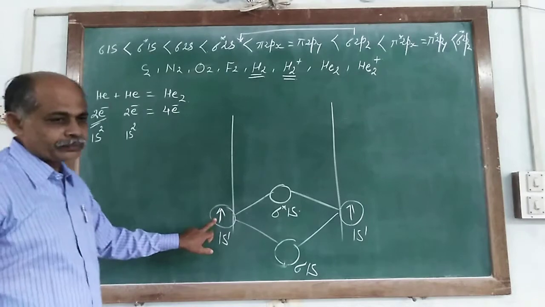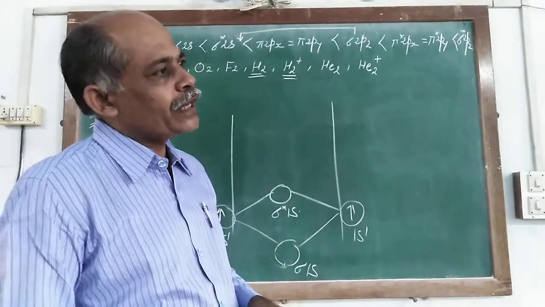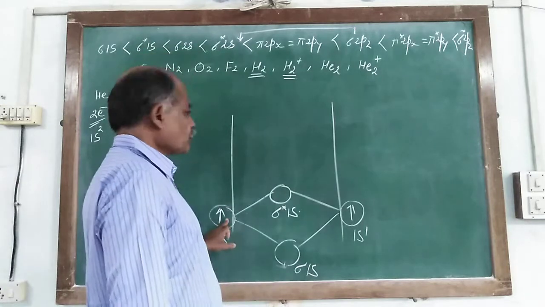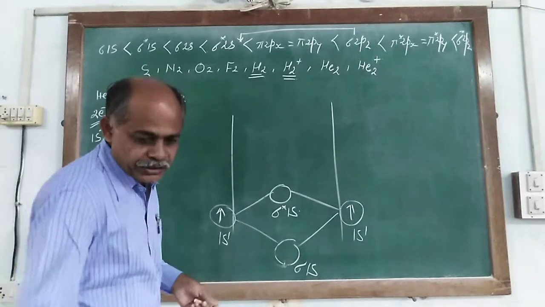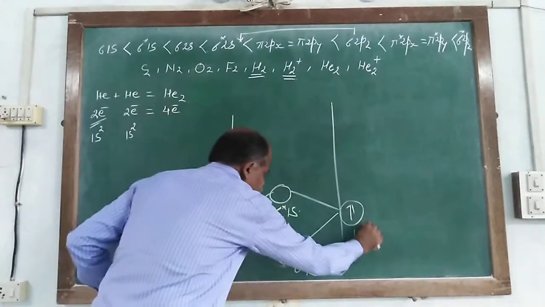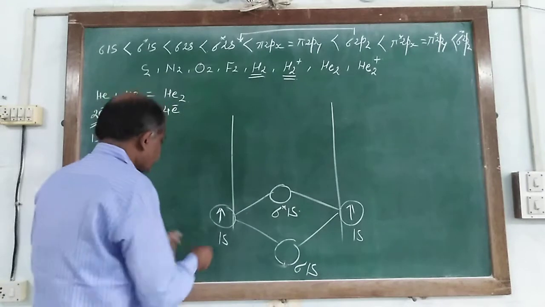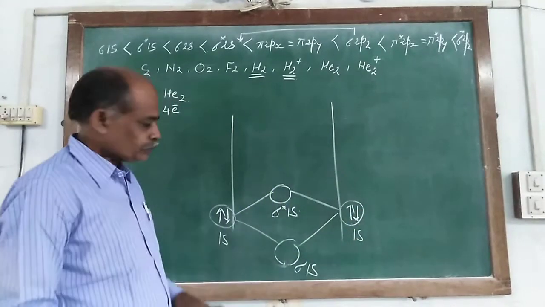So here we draw the molecular orbital diagram for the He2 molecule. Each He in its 1s orbital has 2 electrons.